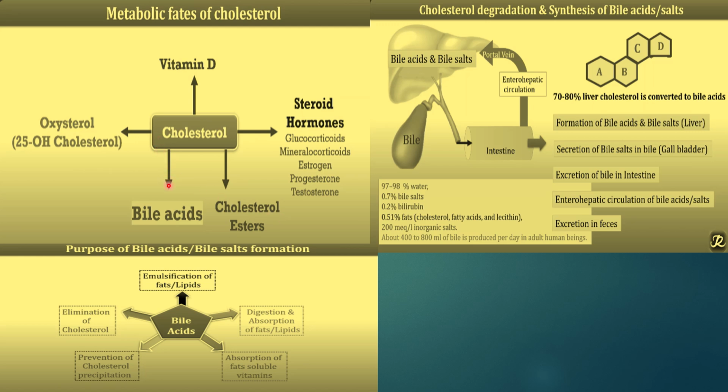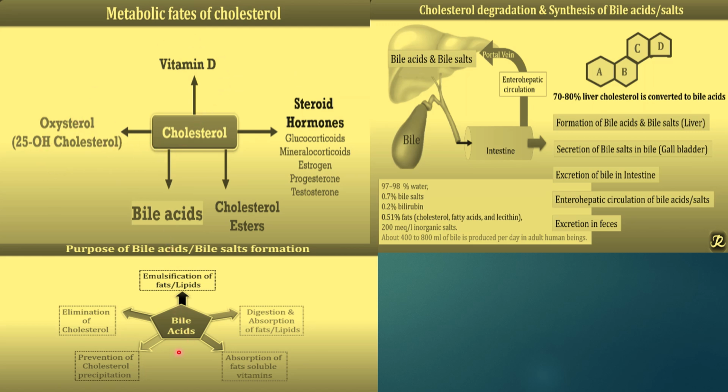Then bile salts. It is important for synthesis of bile salts. Bile salts are important for fat digestion in the intestine. Also, they are important for absorption of various fats and lipids from the intestine to lymph. Then it is also important for synthesis of 25-hydroxycholesterol, which is a precursor for vitamin D.